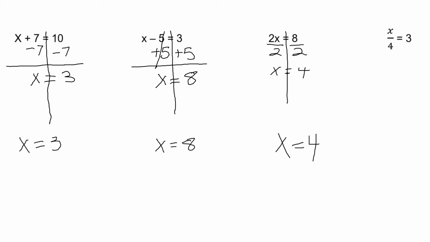Then our last one for this row, we have x divided by 4 equals 3. Again, put your line through the middle if you need to. And we have division here. Fractions mean division. And what is the opposite of division? Multiplication. So you're going to multiply by what's in our denominator. So we're going to multiply both sides by 4.